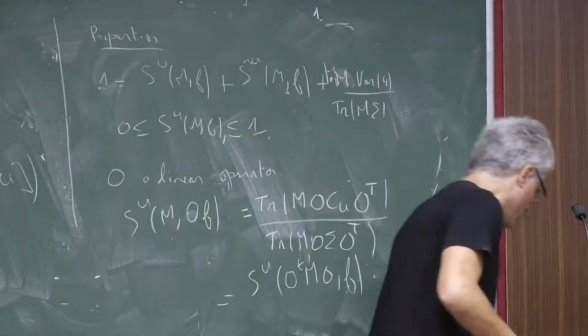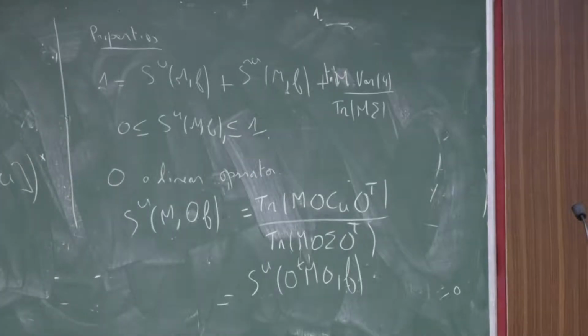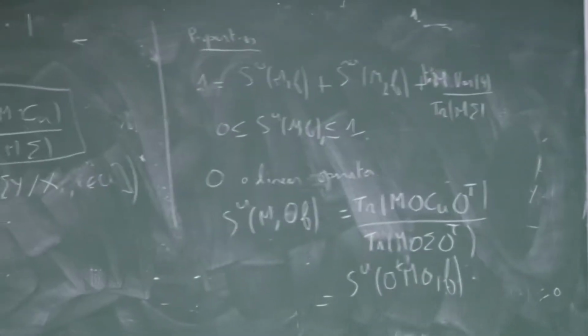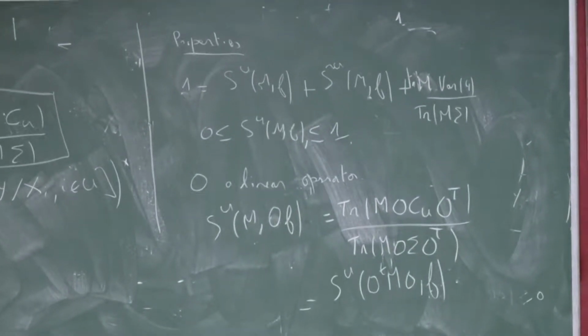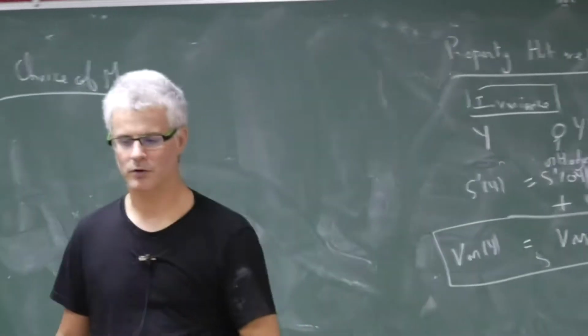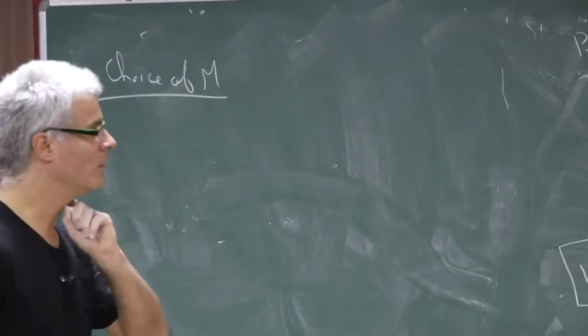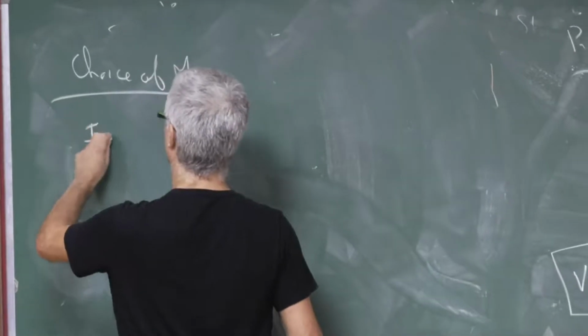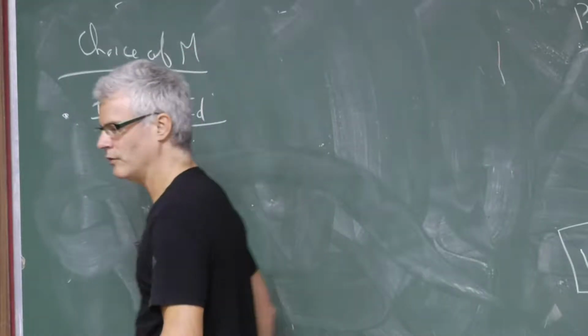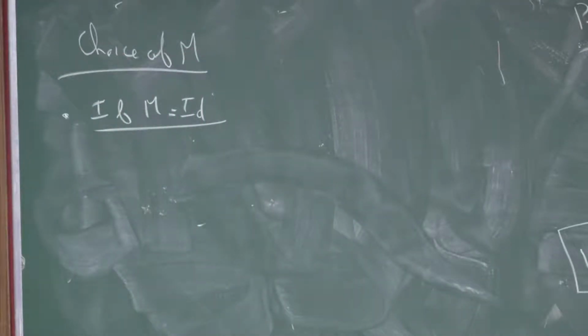So now what we see? First thing, what can we choose for M? The first thing I can do is to say, okay, I'm choosing M equal to the identity matrix.